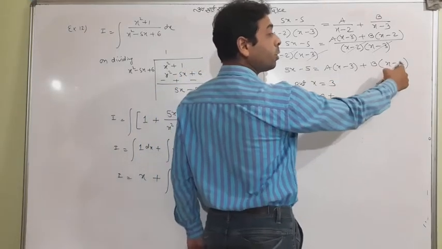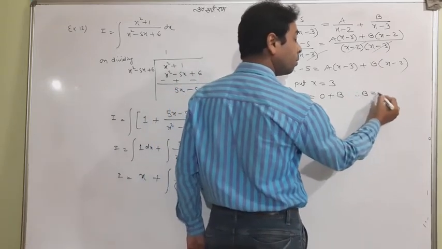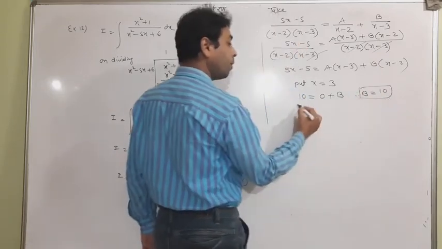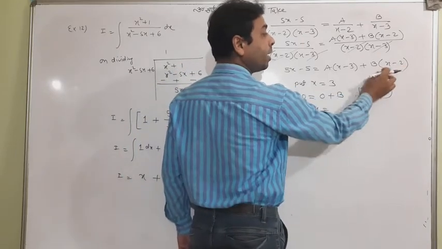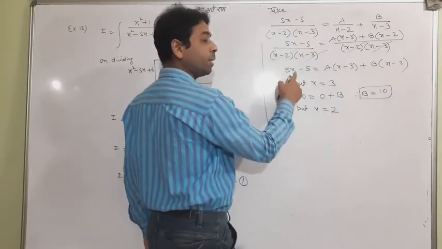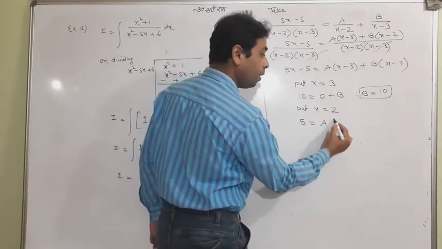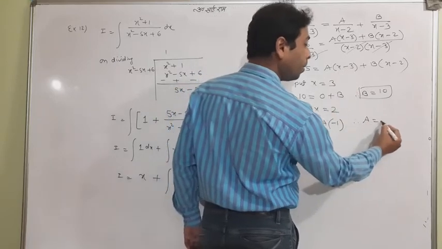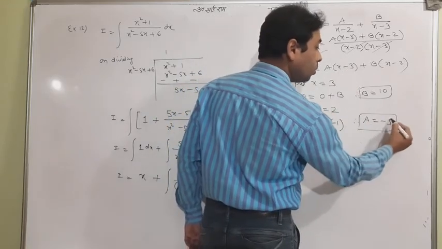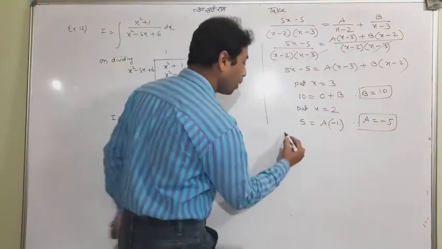X equal to 3 minus 2, 1. So B is equal to 10 we got. And after that, putting x equal to 2, so that it gets 0. 2 fives are 10. 10 minus 5 is 5. A times 2 minus 3 is minus 1. So A will be minus 5. So hope you have got A and B. Now put A and B in this equation.